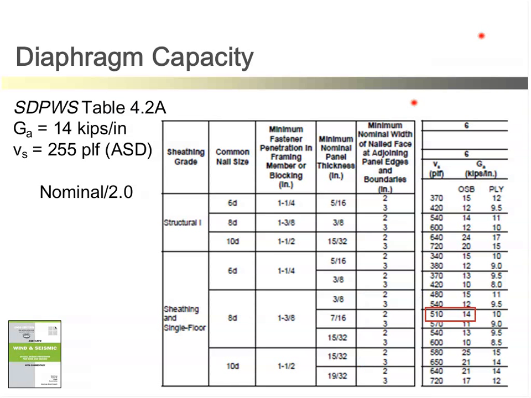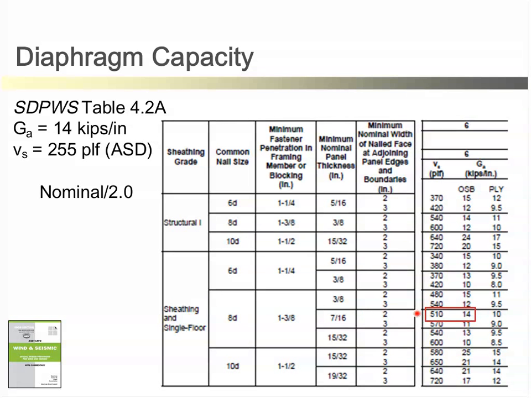So then we're going to go to Table 4.2A of the Wind and Seismic Standard, and you see that for the nail size, the common nail size, the panel thickness, we had 2x materials at the boundaries.